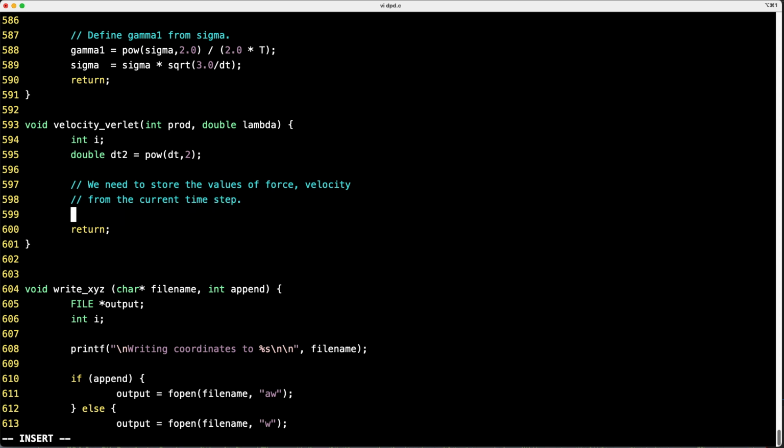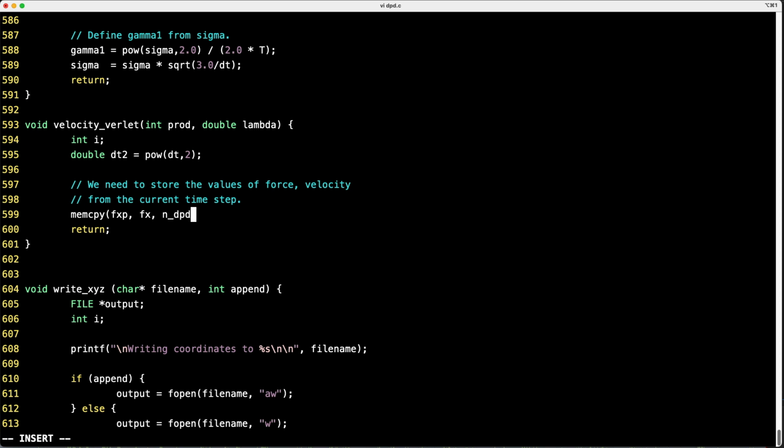And so to do this, we'll just use memory copy. Destination is going to be the fx array from the previous time step or the current time step, depending on how you want to think about it. The p here means the value that we're storing previously, okay, the previous value. And we will copy what's currently in fx to that.